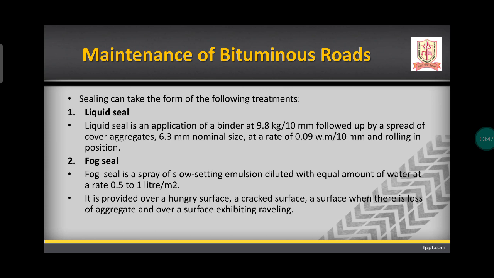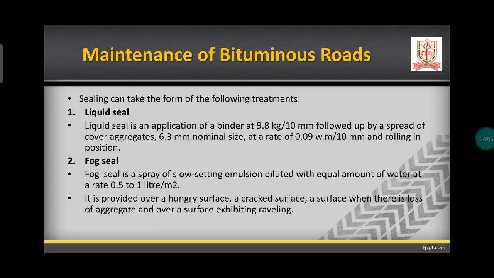Then the fog seal. Fog sealing is a spread of slow setting emulsion diluted with an equal amount of water at the rate of 0.5 to 1 liter per square meter. It is provided over a hungry surface, a cracked surface, a surface where there is loss of aggregate, and over a surface exhibiting ravelling.